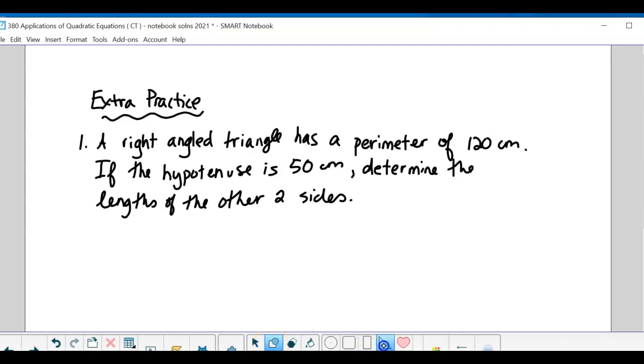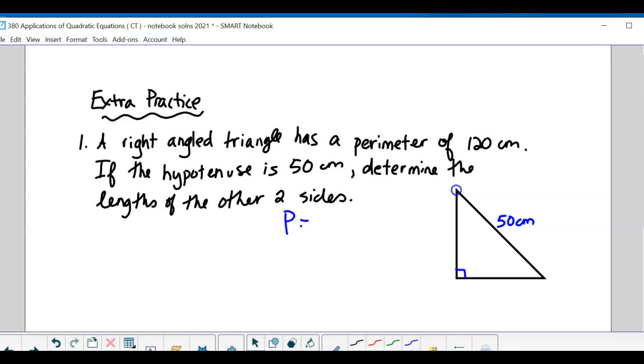We did one like this already. So we have a 90-degree triangle. Hypotenuse is 50. Perimeter is 120.